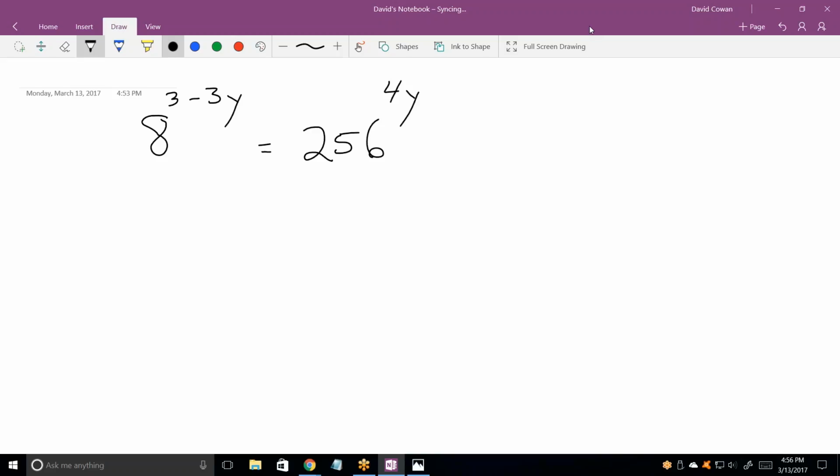Well, we just showed that 8 is not that base. Nor is 4. I cannot represent 8 as 4 to any power.